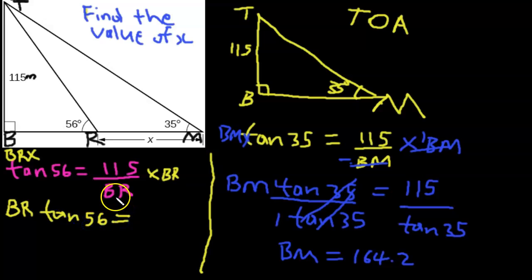So the whole purpose of multiplying by BR is to get rid of that. BR into itself was one time, so we'll just have 115 here. To get the length of BR, we divide both sides by tan 56, because we want to get rid of tan 56.